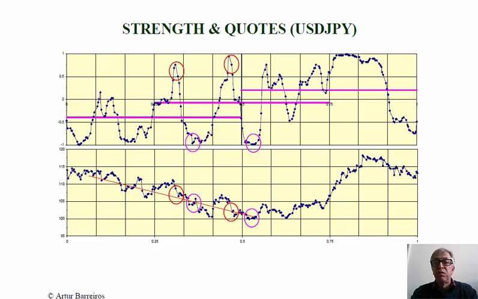Considering the analysis that we presented before, at this point we would have assumed short positions. And shortly after, we would have closed those positions with modest profits when the index reached -1.